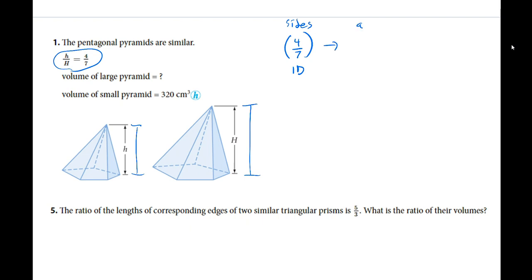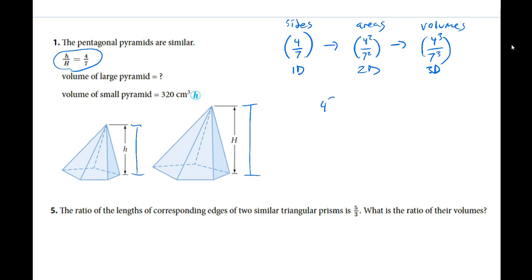That means all areas would be 4 squared to 7 squared, and all volumes would be 4 to the third, 7 to the third, right? And so this is all the 2D, this is all the 3D. Let's see what it's asking for. It's asking for the volume of the large pyramid when the small is 320.